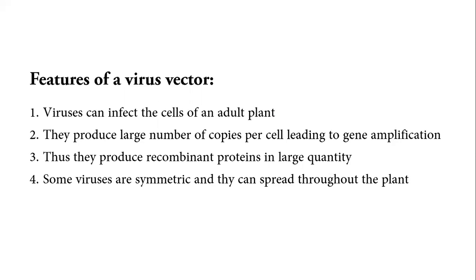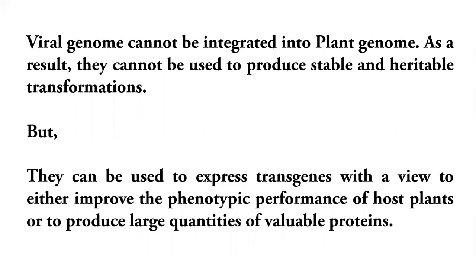Basically, the virus produces a large number of copies per cell, leading to gene amplification. We don't need any type of artificial gene amplification technique, and the recombinant protein produced is in large quantity. But there are some disadvantages also.